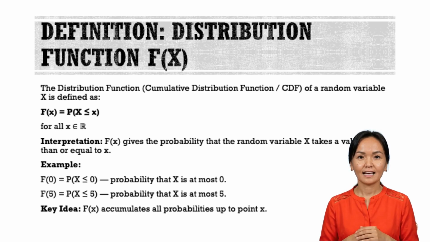Third, limits. As x approaches negative infinity, F(x) approaches 0, and as x approaches positive infinity, F(x) approaches 1. This makes sense because at negative infinity, we've accumulated no probability, and at positive infinity, we've accumulated all probability. Fourth, right continuity. F is right continuous at every point. These four properties completely characterize any valid distribution function.